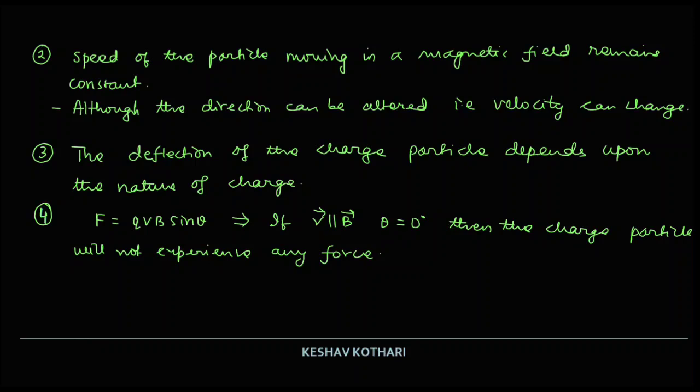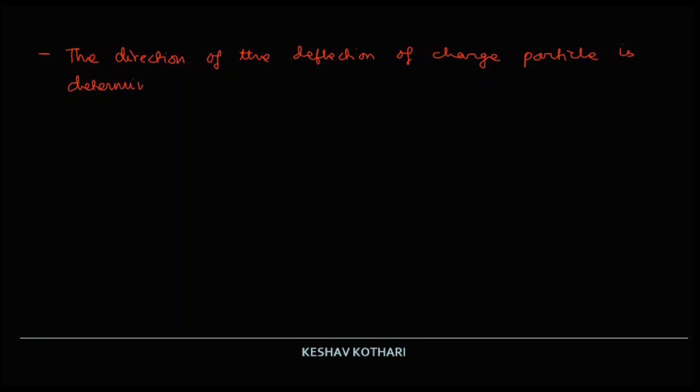So these are some basic aspects which must be kept in mind while dealing with this force F equal to qvB. Now we come to the nature of deflection. The direction of the deflection of a charged particle is determined by finding the direction of force, or magnetic force to be very specific.